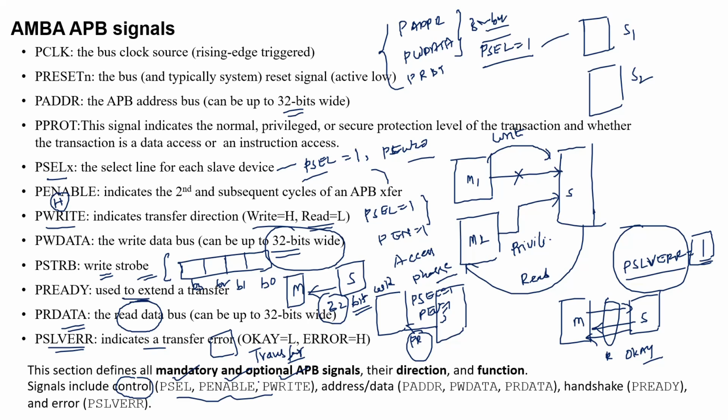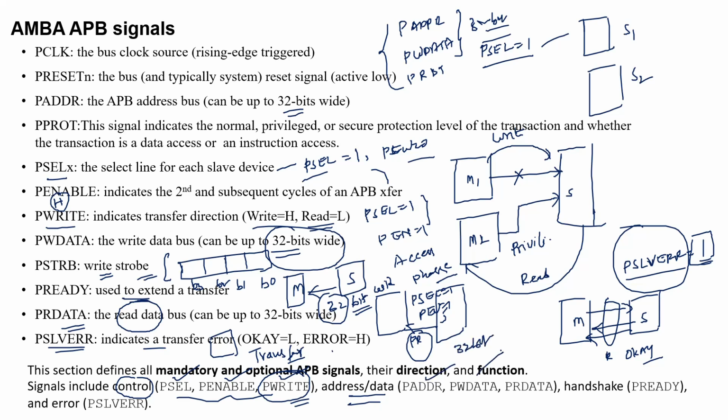So that is the control signal. Whether we are putting data from master to slave, or getting data from slave to master, depends upon the PWRITE signal; we do the write or read operation accordingly. That's why PSEL, PENABLE, and PWRITE are all called control signals. And address or data signals, like PADDR, we put a 32-bit address.